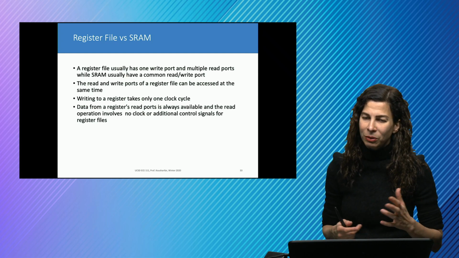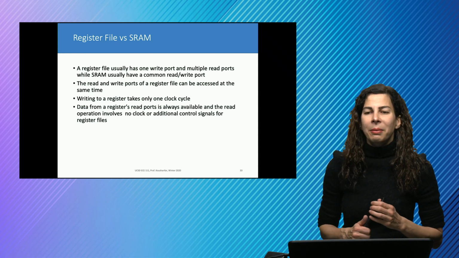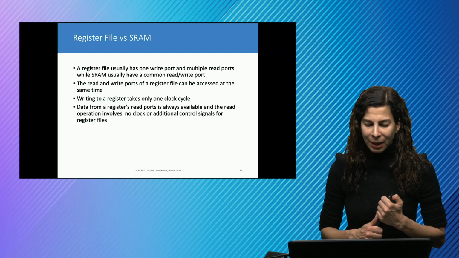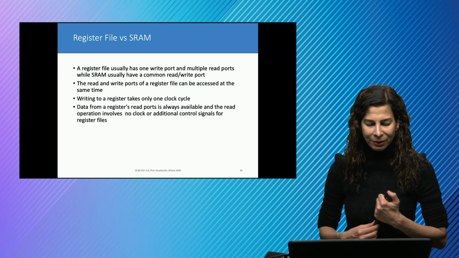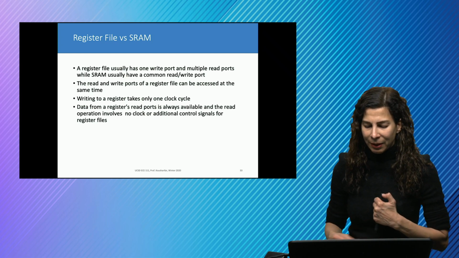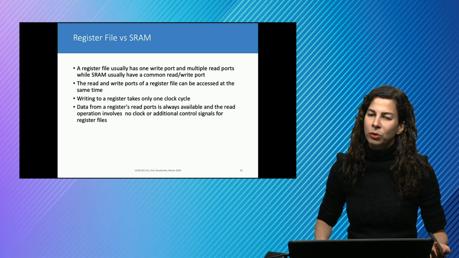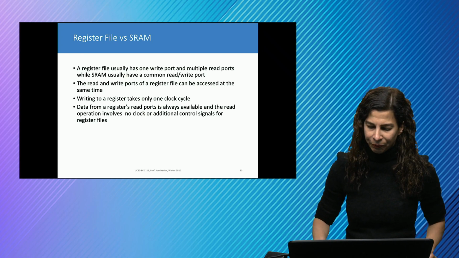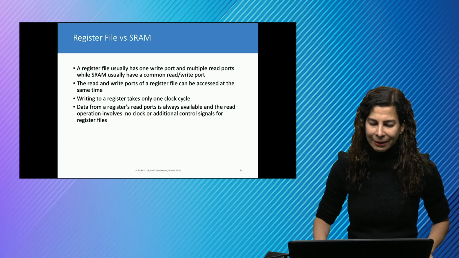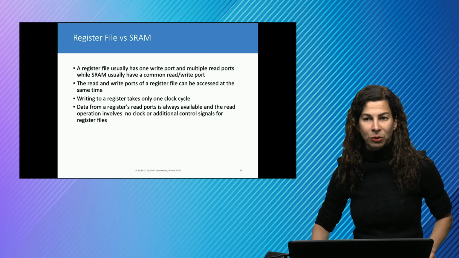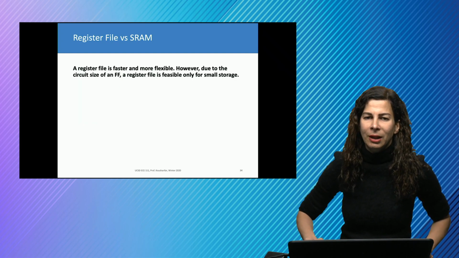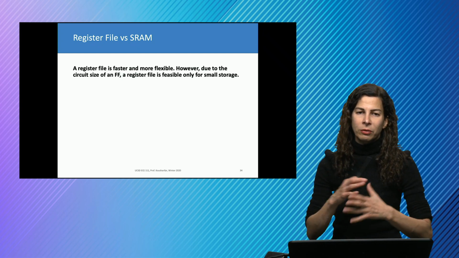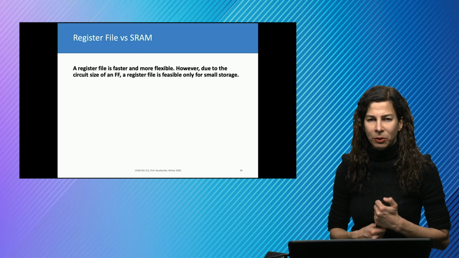The write is different. We can only write once, and this can take only 1 clock cycle in a flip-flop, but in SRAM it needs more control signals to be adjusted. The SRAMs usually have common read and write ports, so we have to carefully multiplex them to make sure that we are not overriding the same location in the memory.